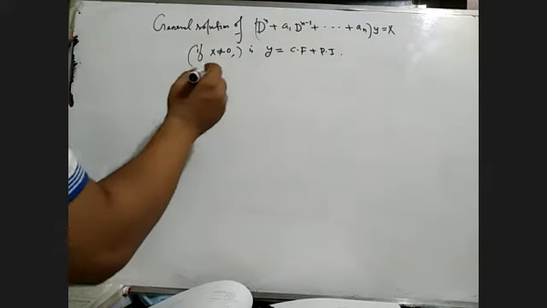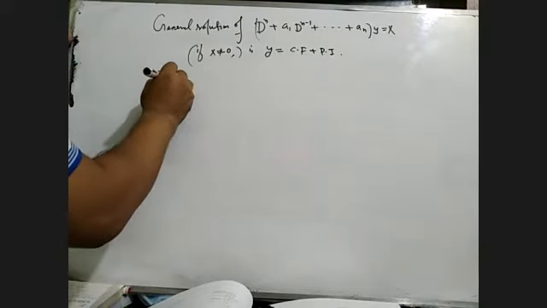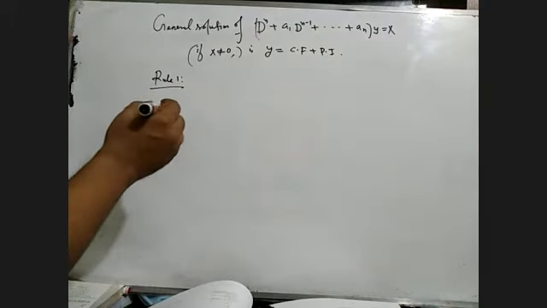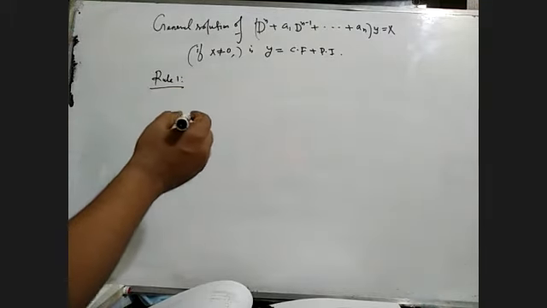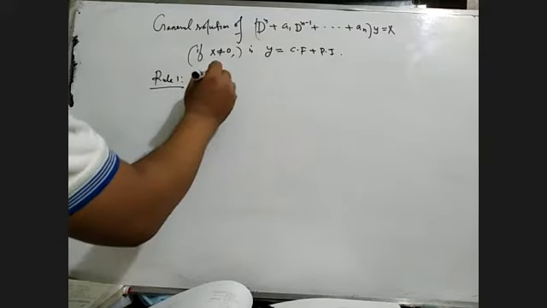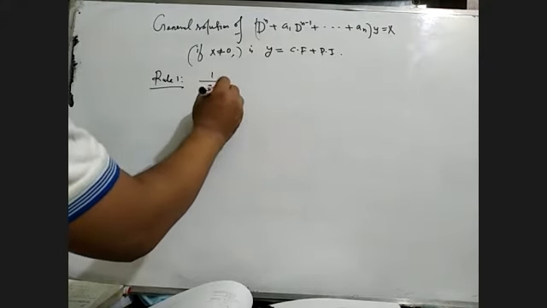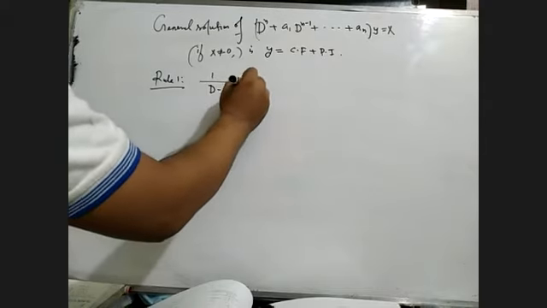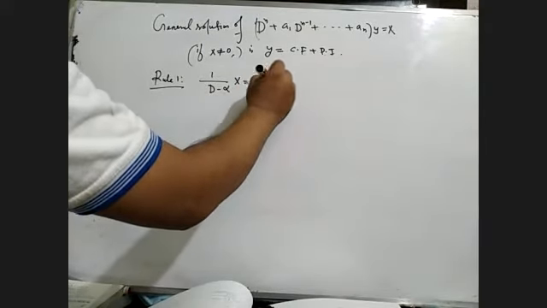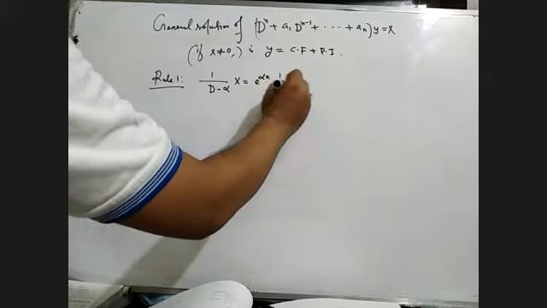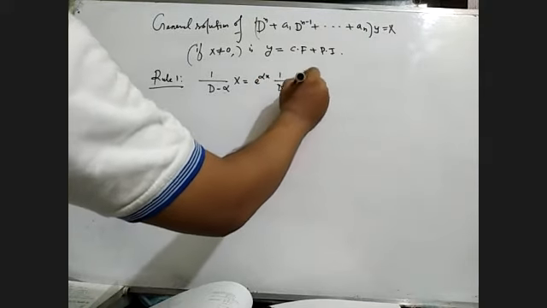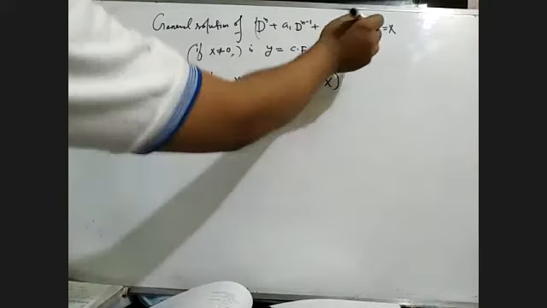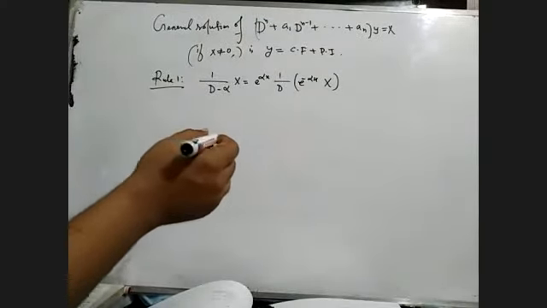First of all, rule 1: 1 by (D minus alpha), suppose we have a constant alpha, into e to the power alpha x equals e to the power alpha x times 1 by D minus alpha into 1. Capital D means the operator d/dx.